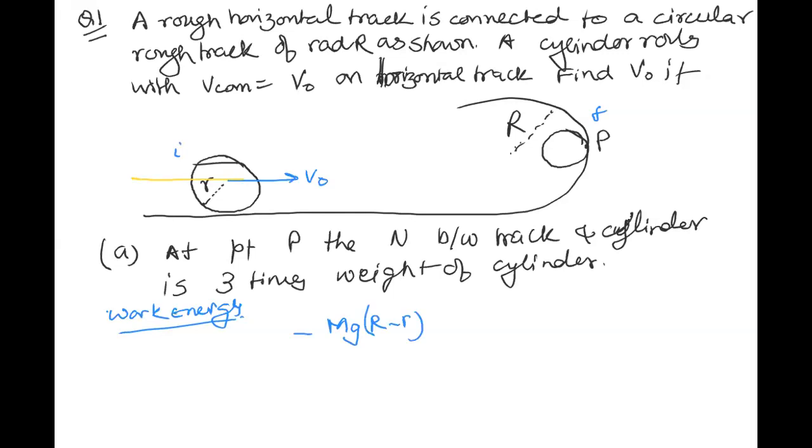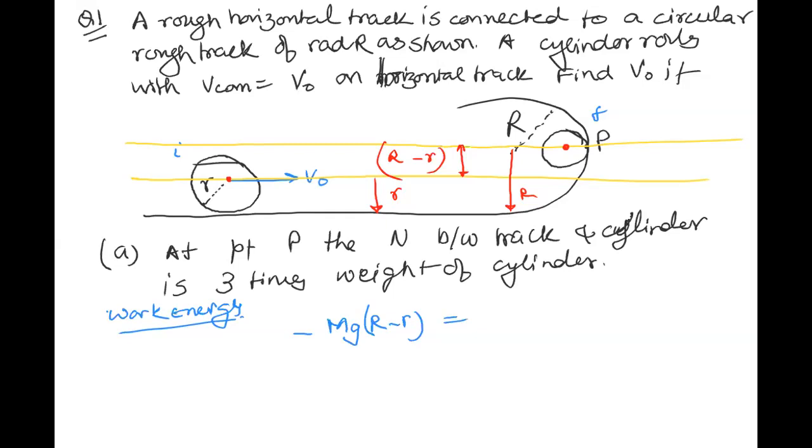How much did the center of mass go up? Earlier the center of mass was here, now the center of mass is here. We know that this distance is r, and we know that this distance is R. Therefore, this distance must be R minus r. So minus because it went up, and h is R minus r.